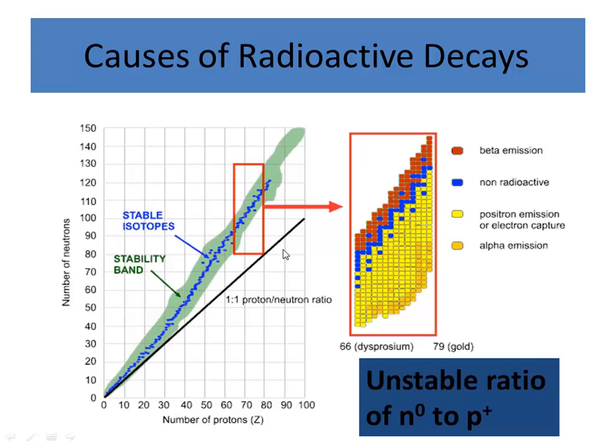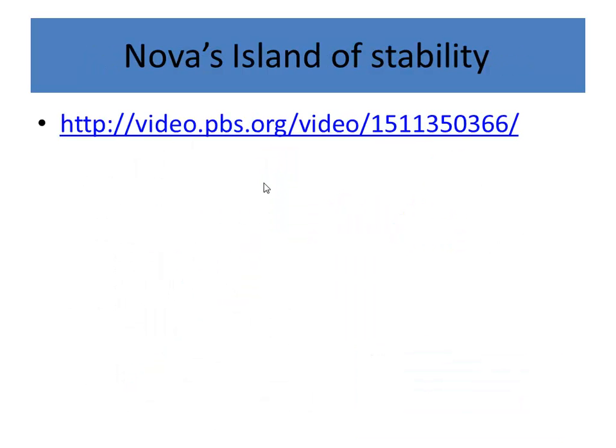As you get to be larger and larger, you need more and more neutrons per proton. So when you get to something like 80 protons, you need about 3 neutrons for every 2 protons. So you have to have more and more neutrons to hold those protons together. So that was interesting.